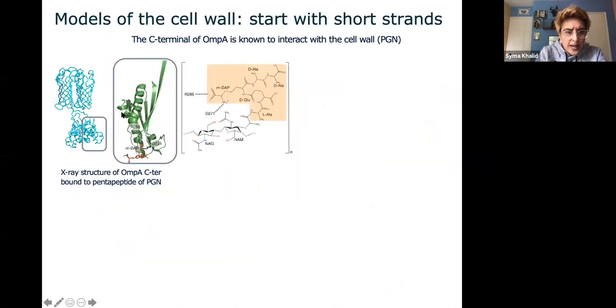So luckily for us, there was a crystal structure of the C-terminal domain, albeit from a different organism, of this protein bound to a small portion of the cell wall. Should just say here that the cell wall is a polymer composed of repeating sugar and peptide units. So we built in the missing bits just to give us a complete monomer of cell wall.